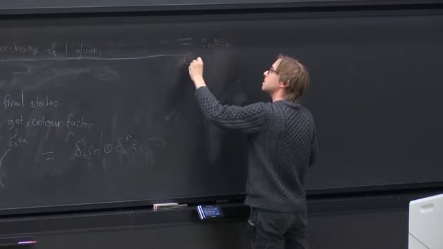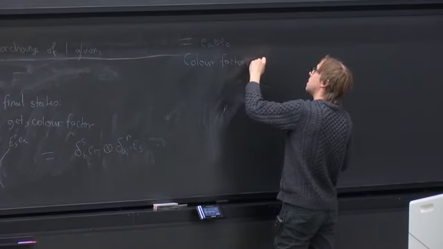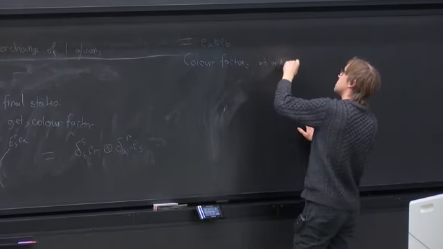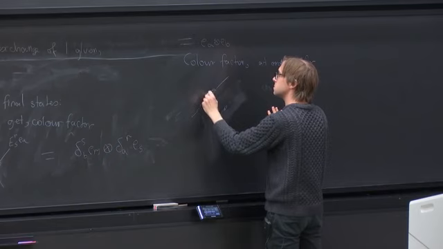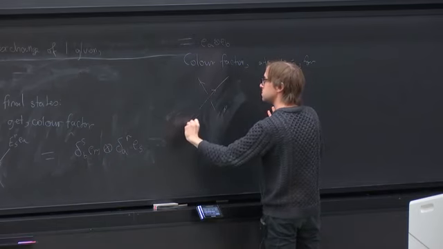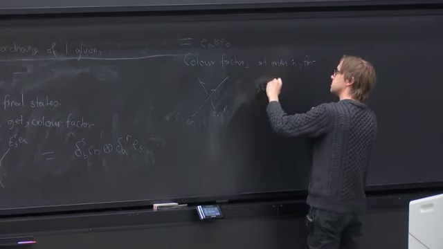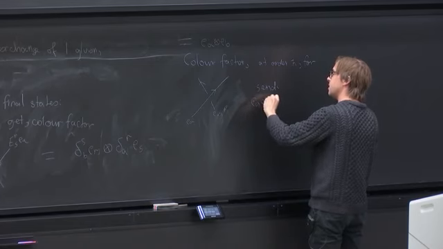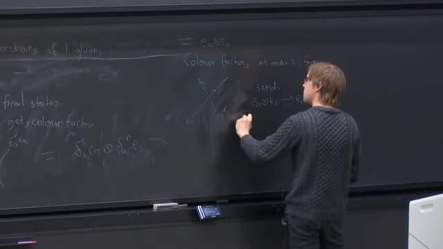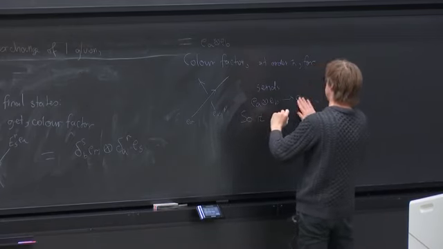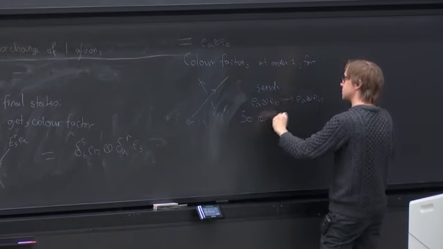So the color factor at order h bar for this diagram sends E_A tensor E_B to E_B tensor E_A, so to E_A tensor E_B. So it is the identity.